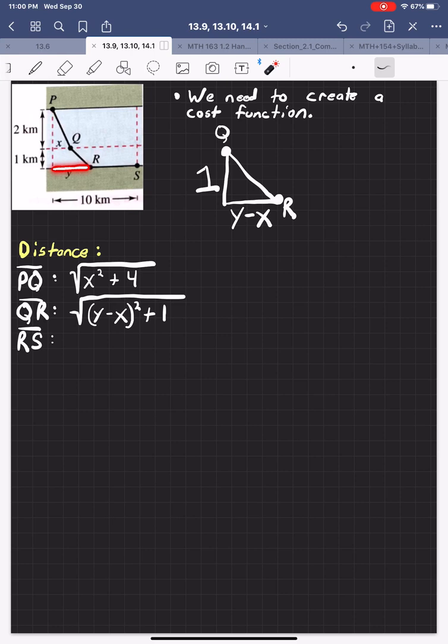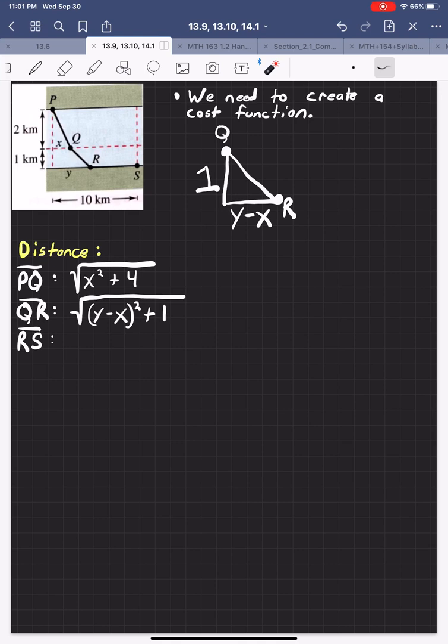The distance y minus the distance that you traveled before at x would give you the distance that you want. So that's why it's y minus x, and of course that would be squared once you put it into your Pythagorean theorem.